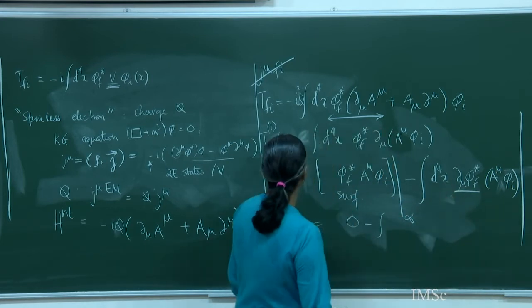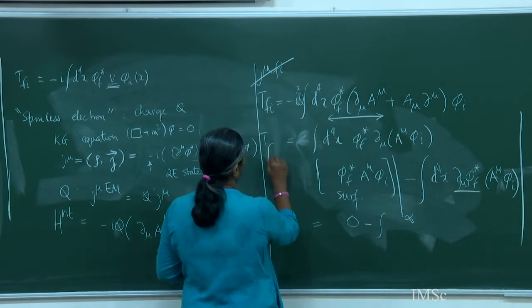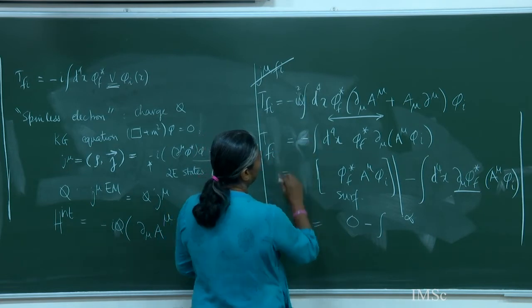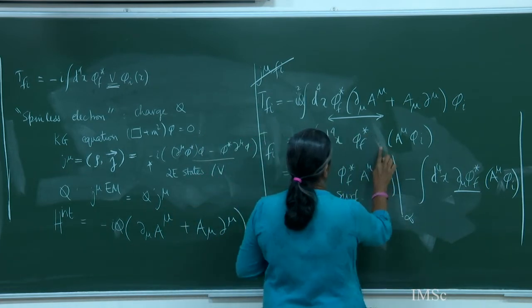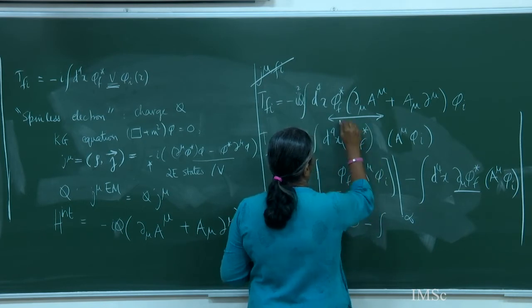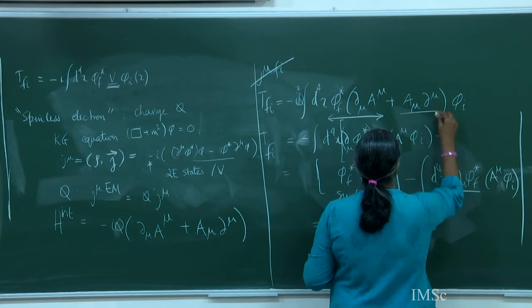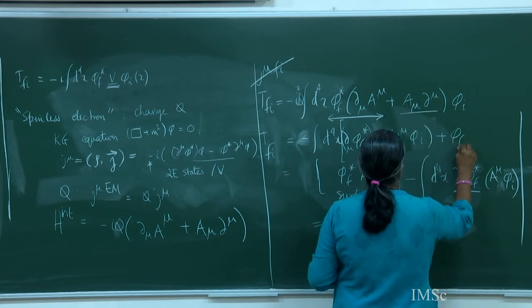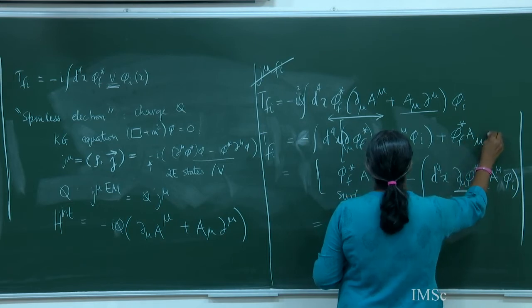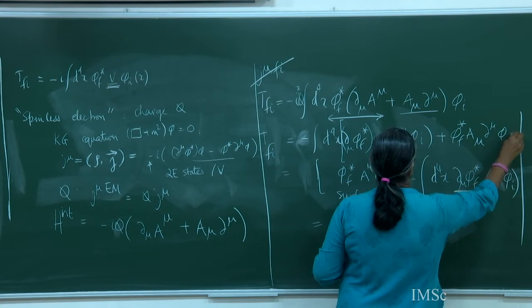So that is what I am going to write. Now I am going to write TFI full will be minus of this plus the second term. Is it clear?